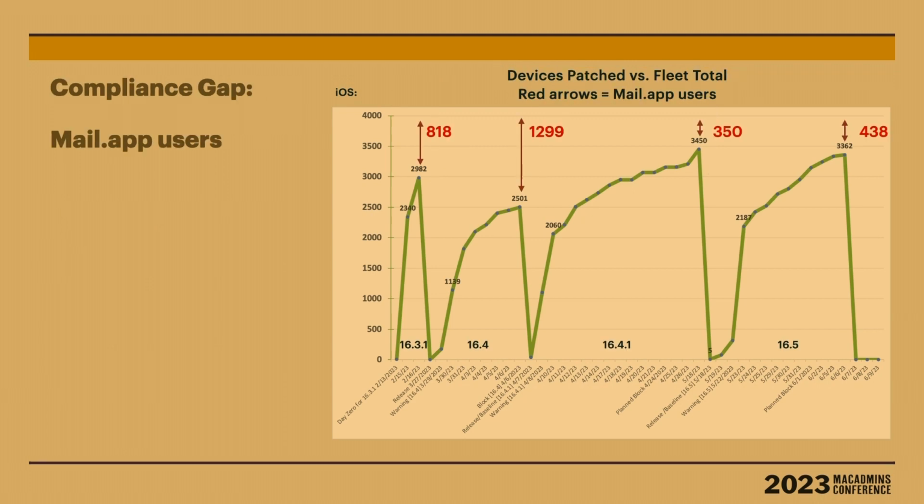But here's the gap. Mail app users, we can't affect these notifications. There's nothing in place in Apple's deployment platform that allows us to leverage MDM, for any MDM vendor, to show a warning or a message that says, hey, Mail app user, your operating system needs to be updated.